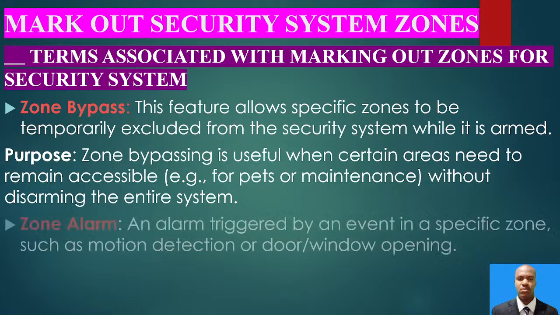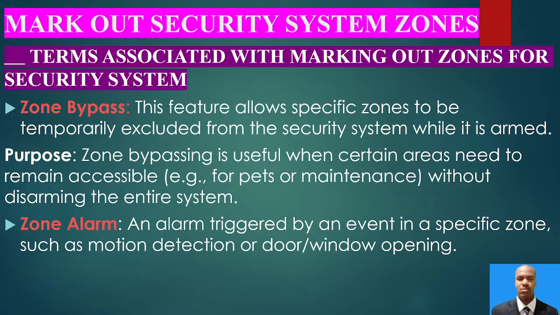maintenance. Then we have the zone alarm, and this one simply refers to an alarm triggered by an event in a specific zone, such as motion detection, or a door or a window opening.